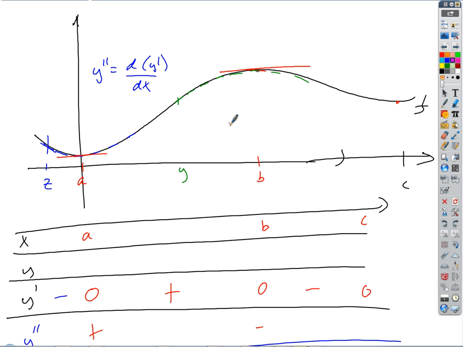But all you have to do is compare where the tangent line sits relative to the curve. If it's a place where the second derivative is positive, notice where that tangent line sits relative to the curve. It sits below the function. Where the second derivative is negative, the tangent is going to sit on top of the function.